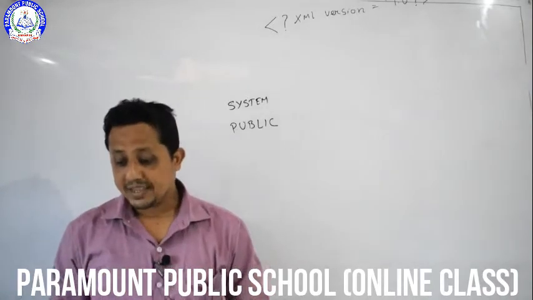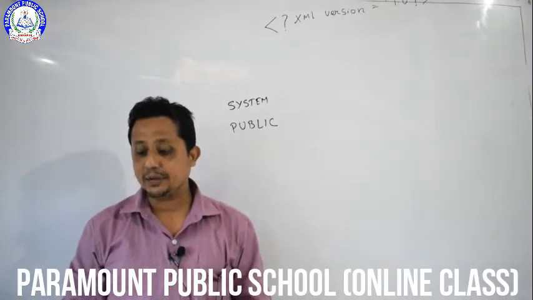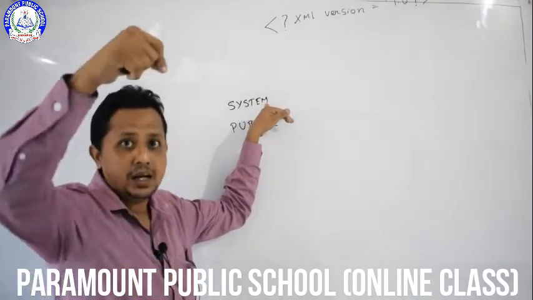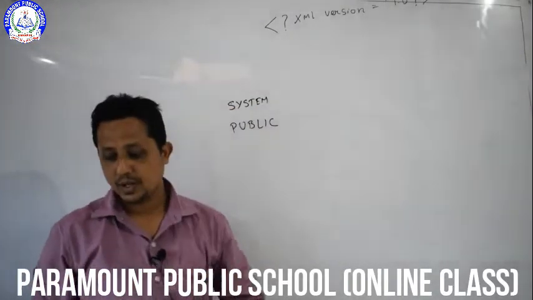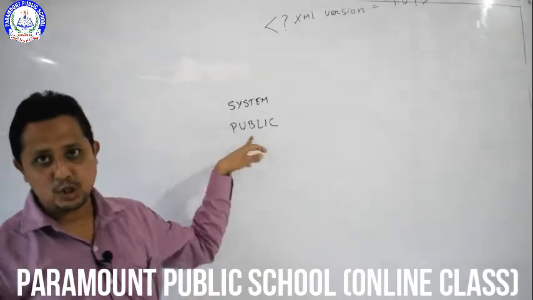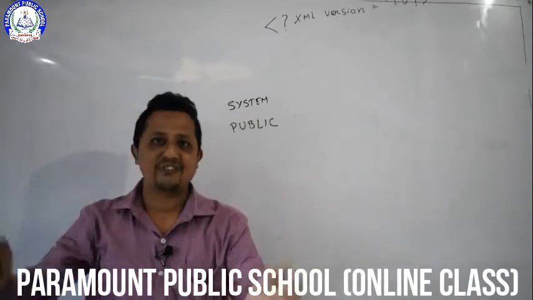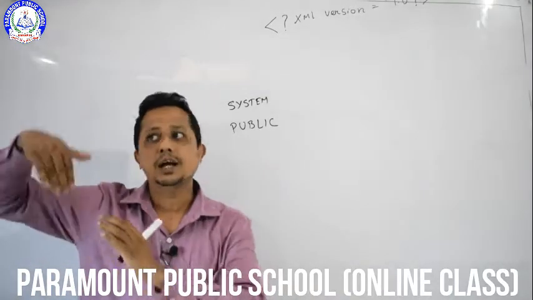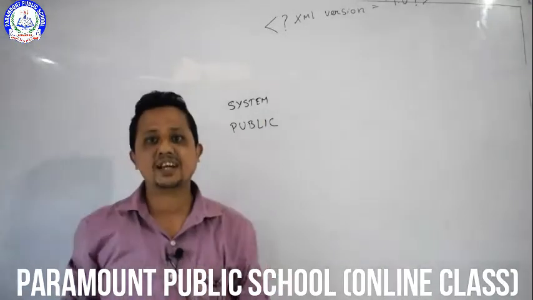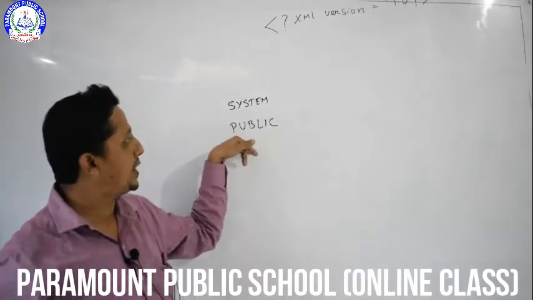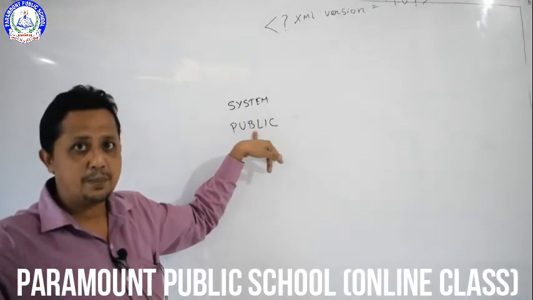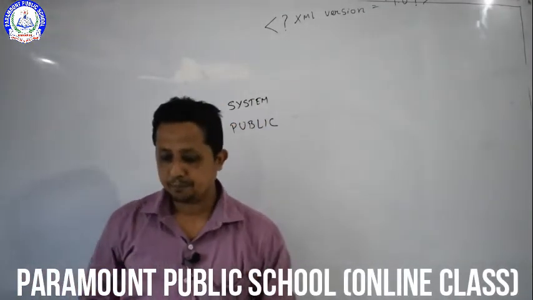The keyword SYSTEM indicates that the DTD is stored locally, on the local hard disk of the computer or the server, and the keyword PUBLIC is used when a particular file or data is being retrieved from a different server or different computer. This is the same computer or server, and this is a different computer or server, so we use PUBLIC.